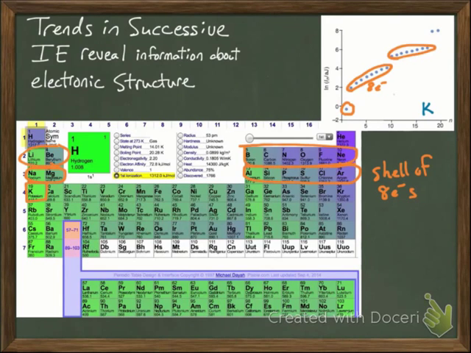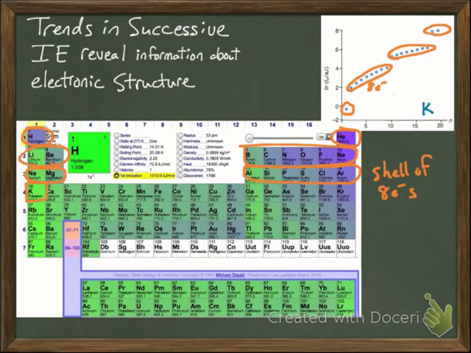And then the next 8 electrons correspond to the next step in the periodic table. And then finally, removing 2 more electrons requires the most energy from that potassium and indicates a new shell. That new shell has just 2 electrons associated with it. So, what can I say about the electronic structure in potassium?